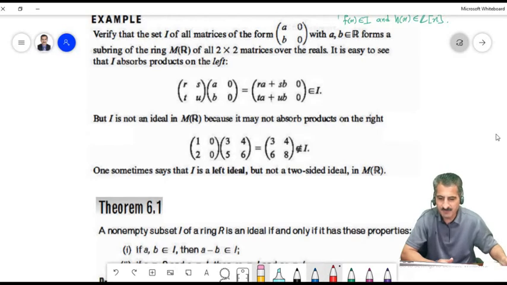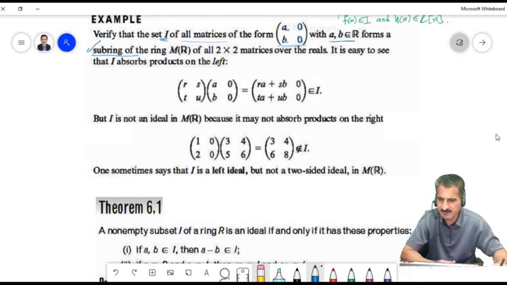If we choose I to be all 2 by 2 matrices of this form, where we have 0 at this entry, 0 at this entry, A in here can be any number, and B in here can be any number, real numbers, then this is a subring, and we have encountered this before.